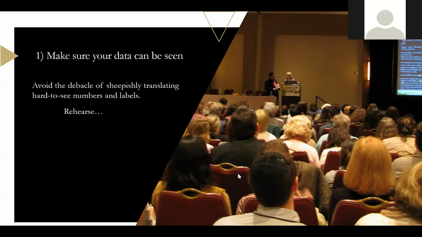So here's the thing. You need to avoid the debacle of sheepishly translating hard to see numbers and labels. Because that's what is going to happen. People are going to say, excuse me, can you tell me what it says in there? And then it takes your time to explain something else that you were not supposed to explain, and to read it again to them.